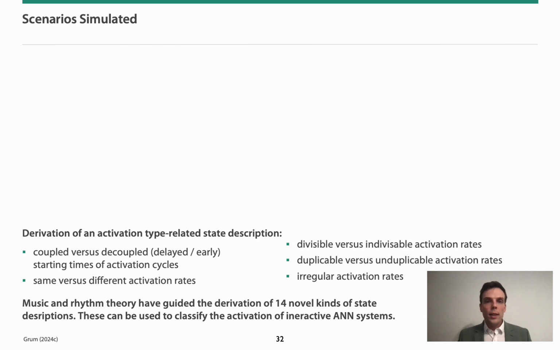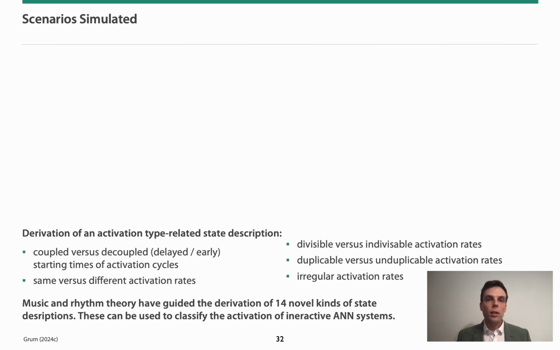So, facing all kinds of variations of two activation types, I mean the coupling of activations as well as the relation of activation rates, I systematically derived further kinds of simulation scenarios. Similar to making music or clapping hands, activation points of time can be in time, coupled, or delayed, or early, decoupled.